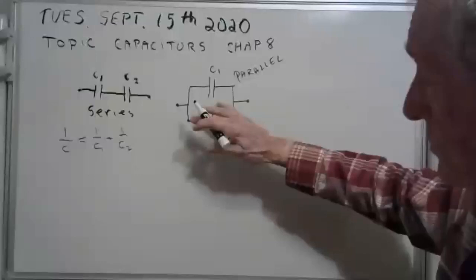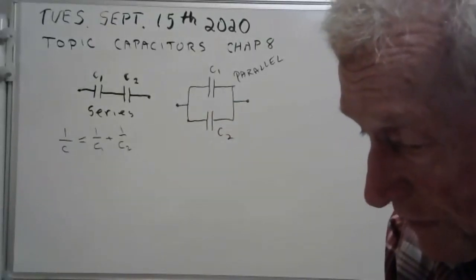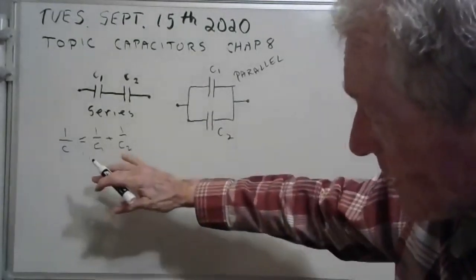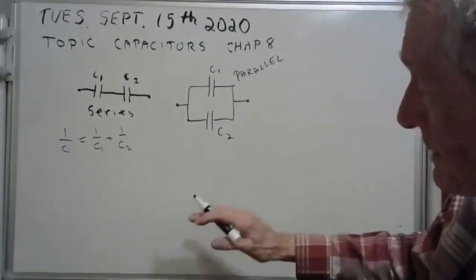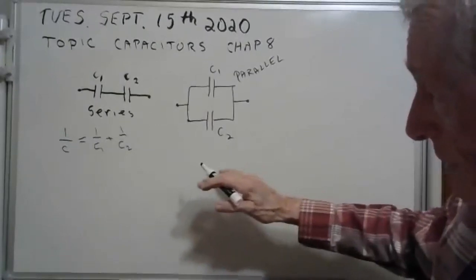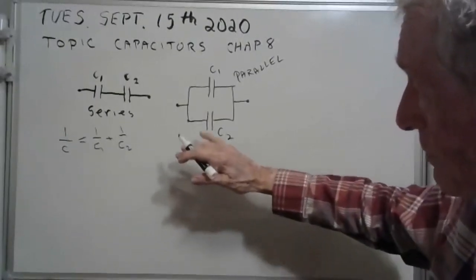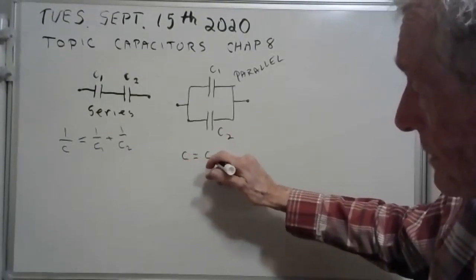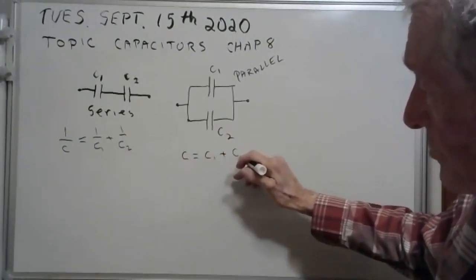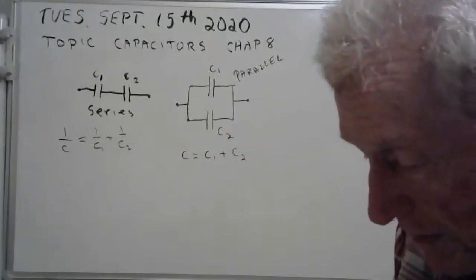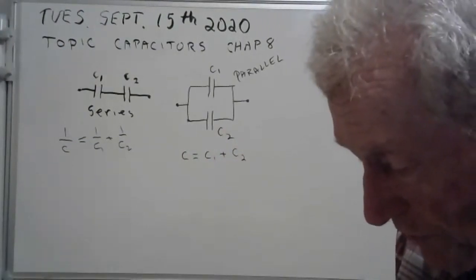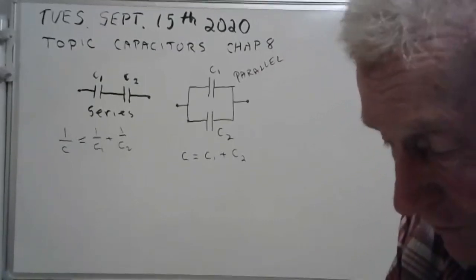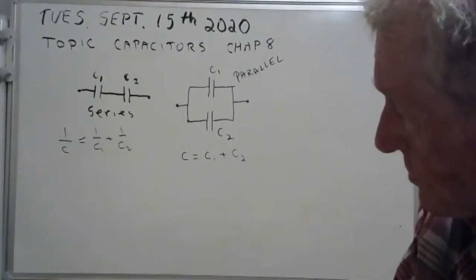See, if you have resistors in parallel, then you have an equation like that. I probably should draw that, but we've studied it before. But see, when you have capacitors in parallel, you just add them up. It's just the opposite. The form of the equations is just the opposite of the form of the equations for resistors.